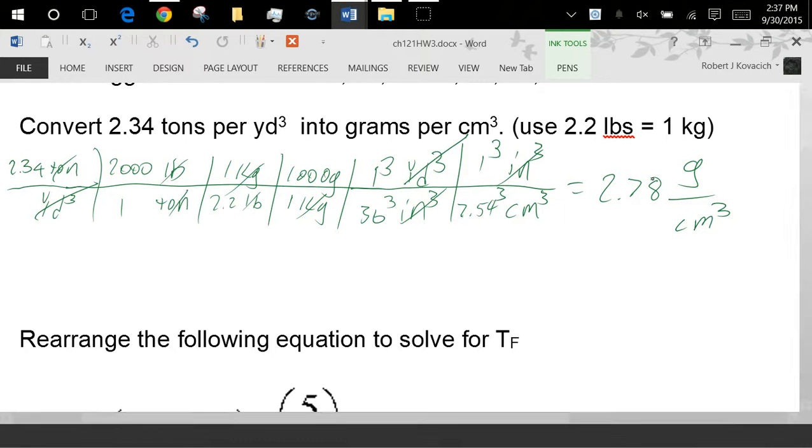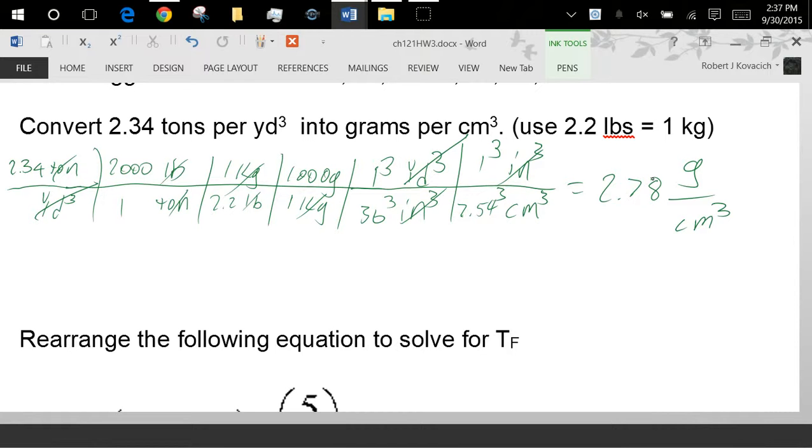Are we good with that? Anybody have any questions about how I did that? Is that 13 next to the cube? It's 1 cubed. I cubed this yard, and since I cubed this yard, I have to cube everything else, all the units and all the numbers that are in this little fraction.